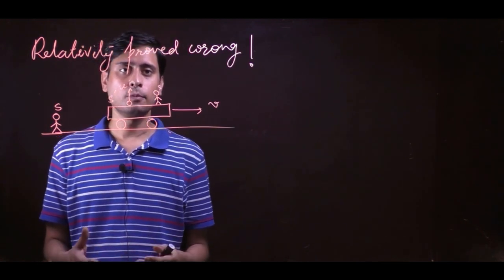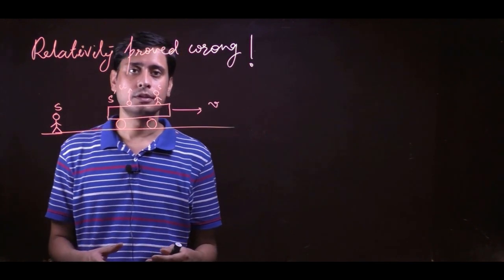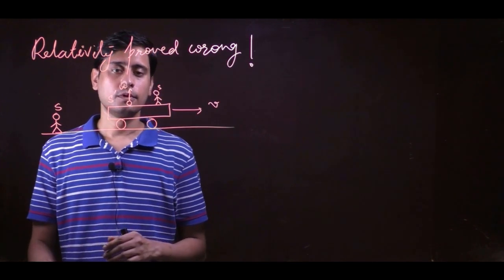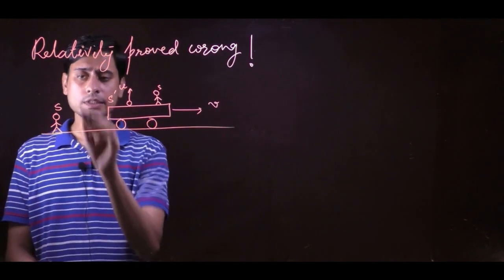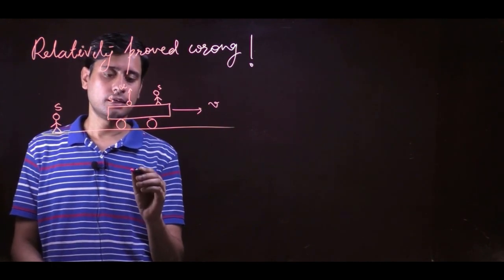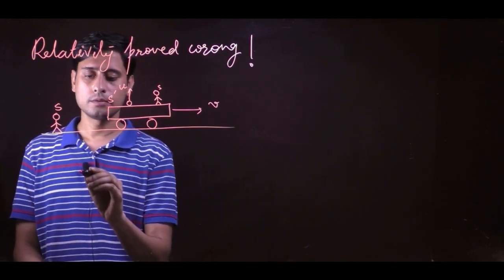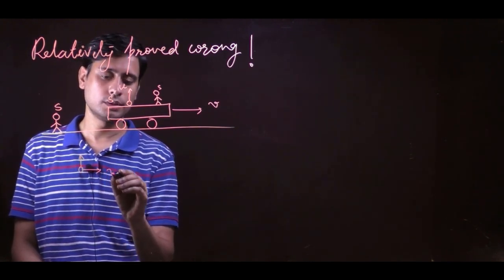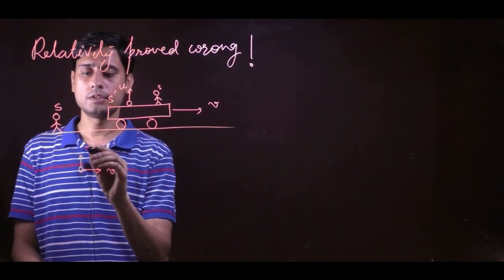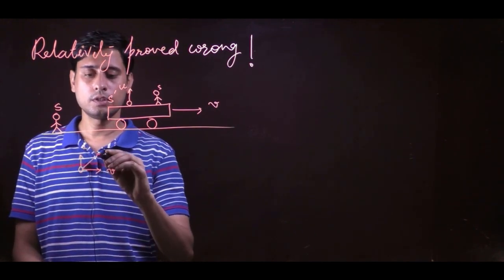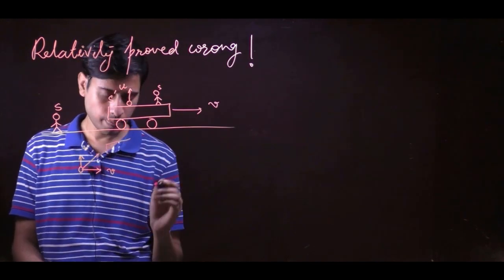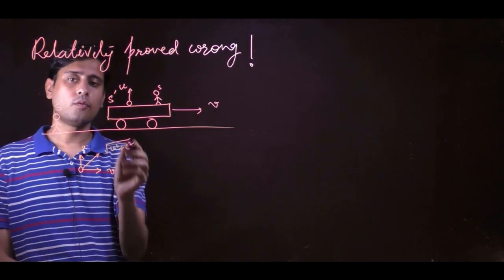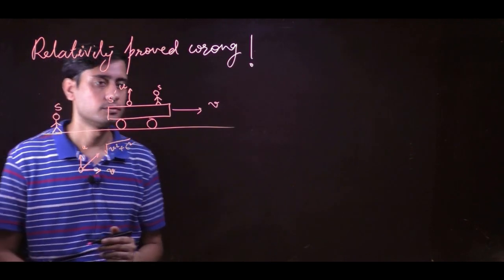When you jump out of a moving vehicle, you know that you have the speed of the vehicle added to you. So this S observer will say that this ball is having two velocities, one horizontal velocity which is v, and another velocity which is u. So the resultant velocity is square root of v square plus u square. So this is what S will tell you.